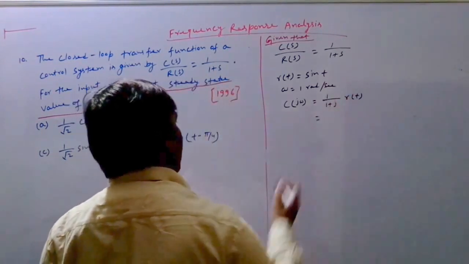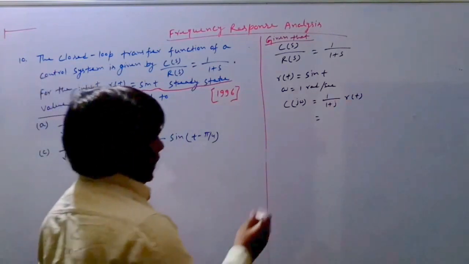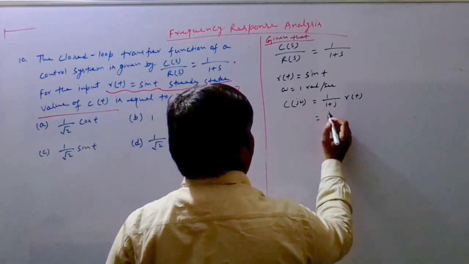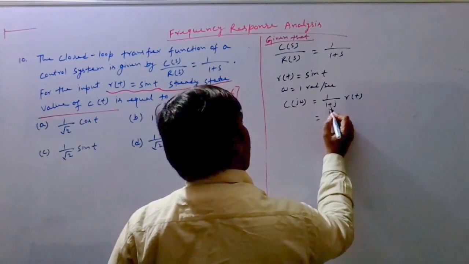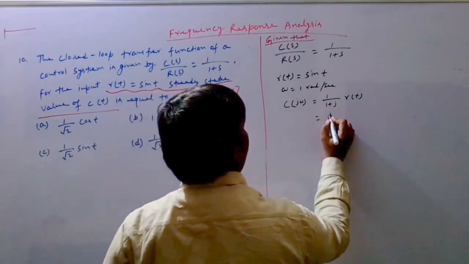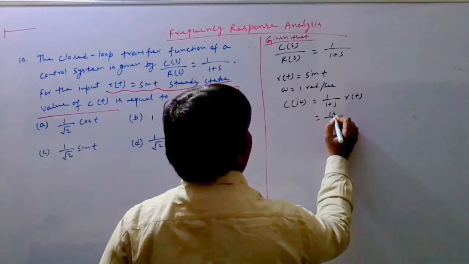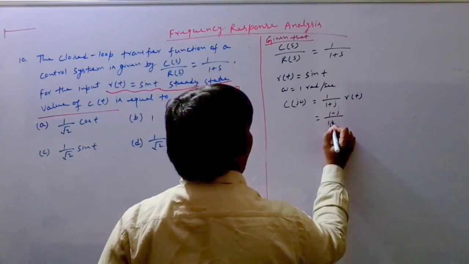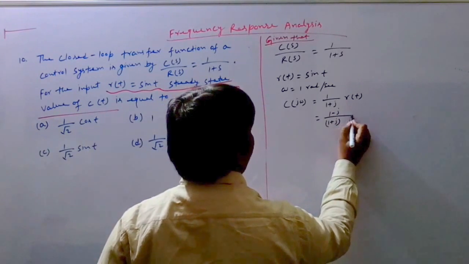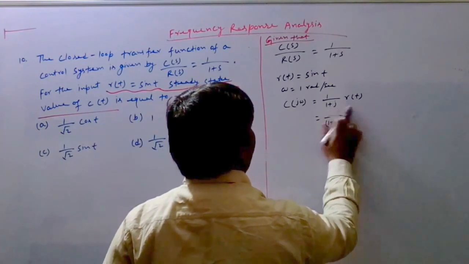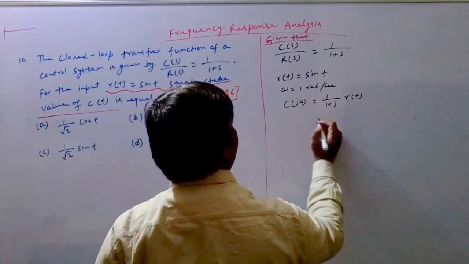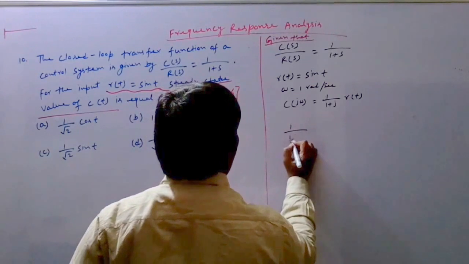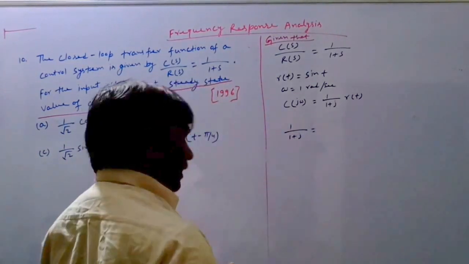So how much will it come? 1 by 1 plus j. What will be its magnitude? We can write it in phasor form.